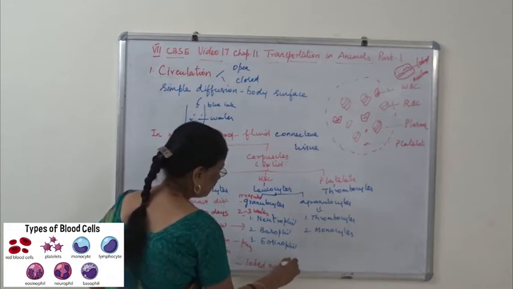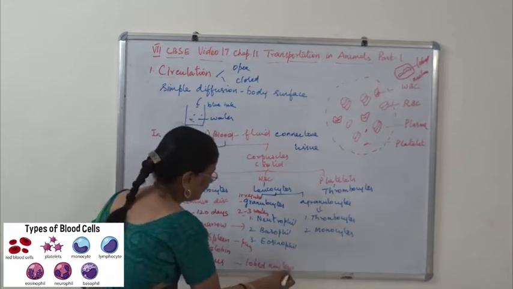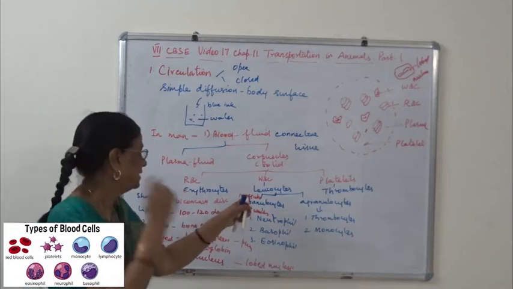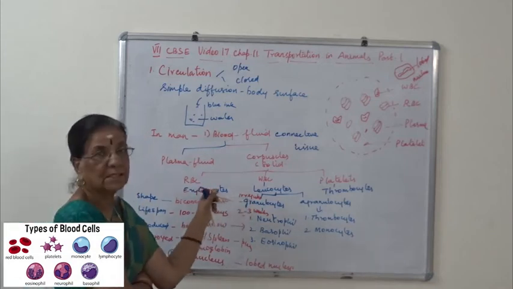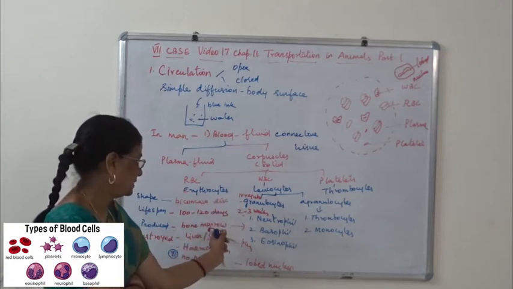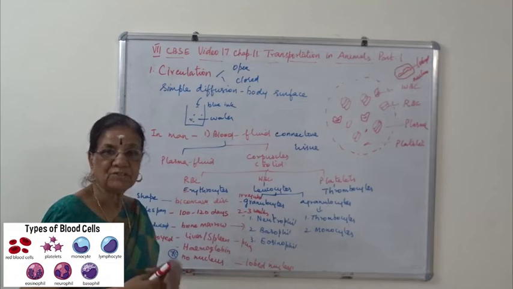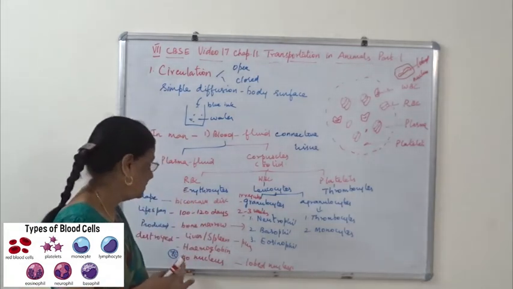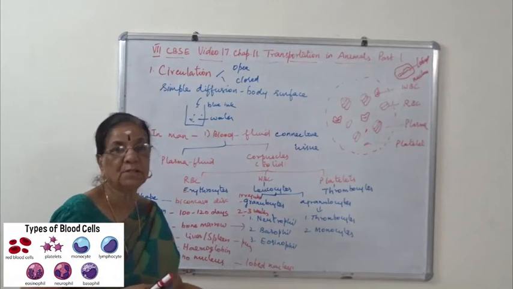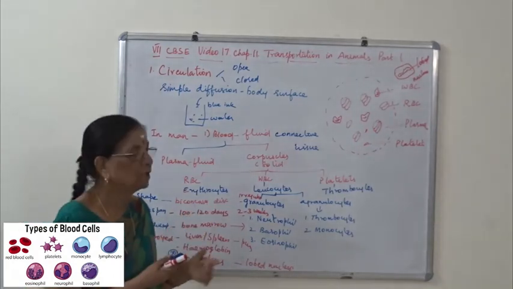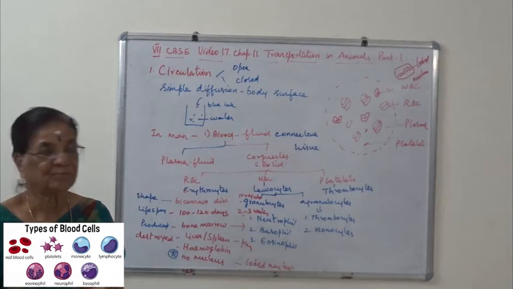I hope you understand. So now you say leukocytes are irregular in structure, lifespan 2 to 3 weeks, produced by bone marrow, destroyed as pus. Pus is the discharge we get in a wound. And then it has lobed nucleus.